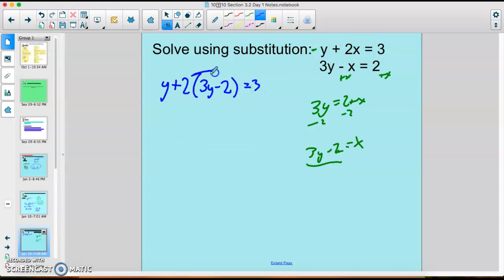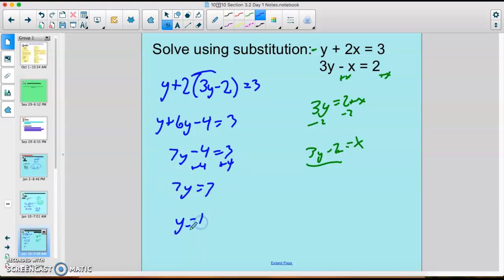Okay, I distribute, and so we get y plus 6y minus 4 equals 3. And y and 6y is 7y minus 4 equals 3. I add 4. We get 7y equals 7. And so y equals 1.